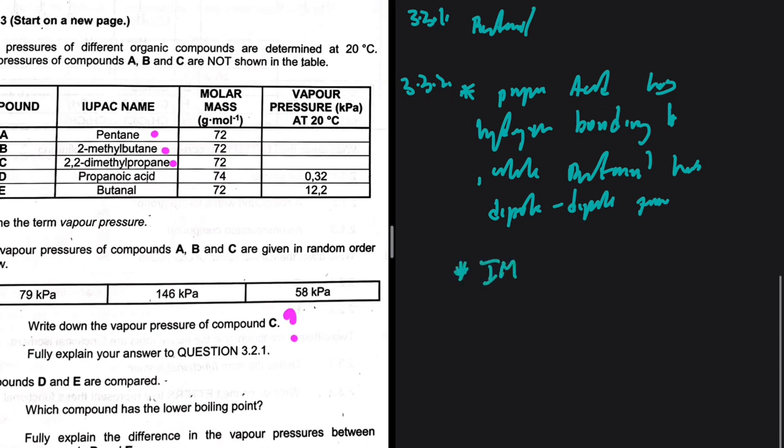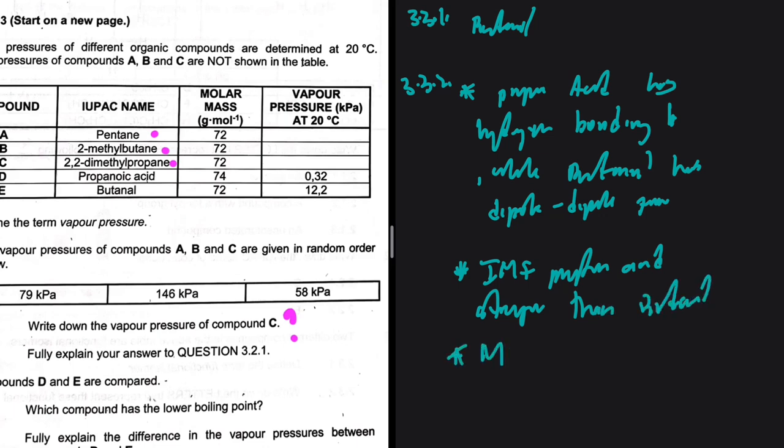The intermolecular forces in propanoic acid should be stronger than in butanol. Hydrogen bonding is stronger than the dipole forces.